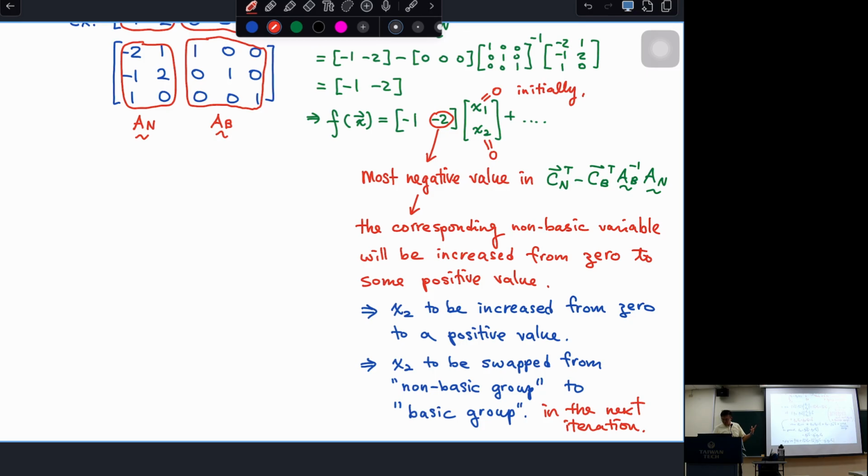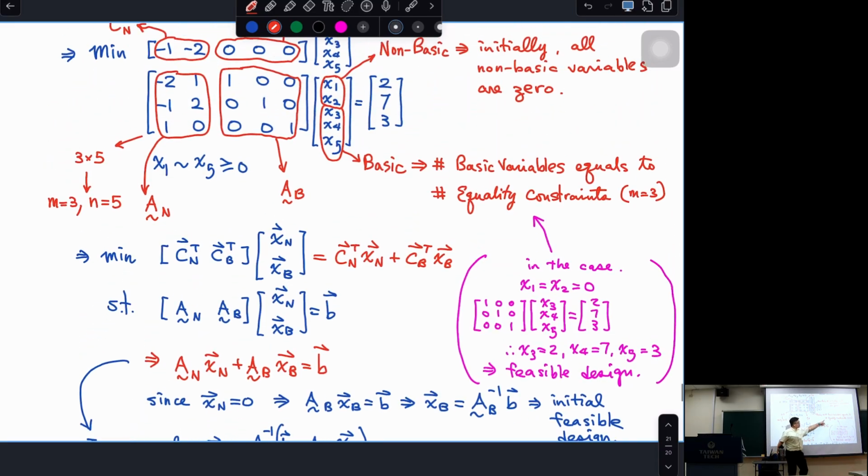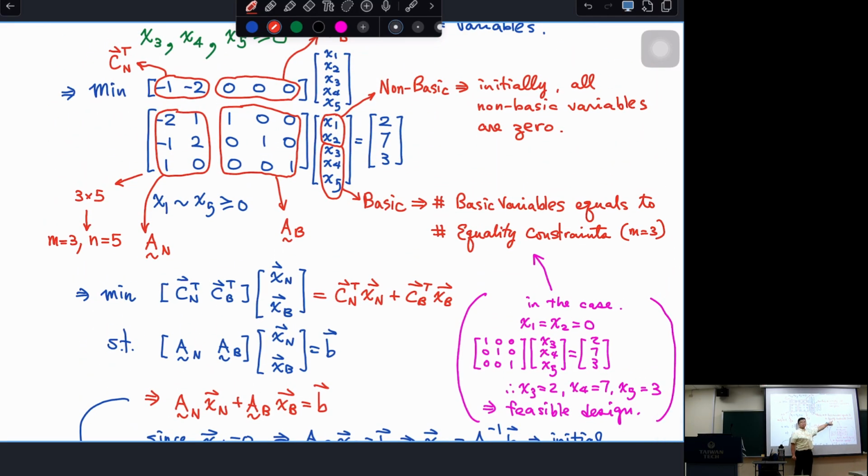Because there's one rule about the number of basic variables. It has to be equal to the number of your constraints. So we took one from the non-basic group into the basic group. So we will also take one from the basic and move it to non-basic. So one of the variables from basic will become 0. But which one? The issue is which one.